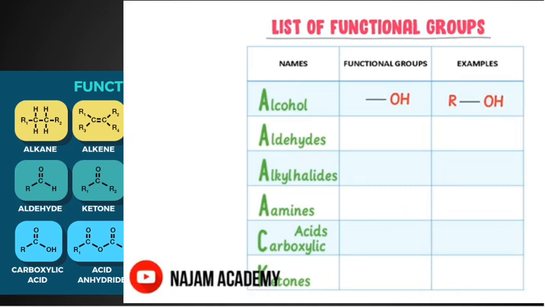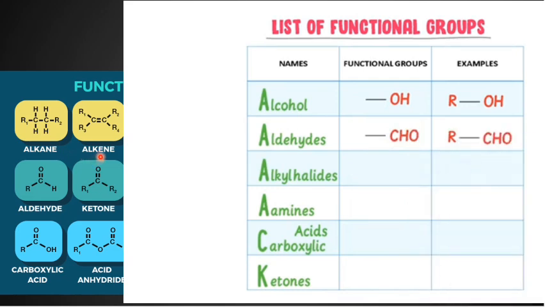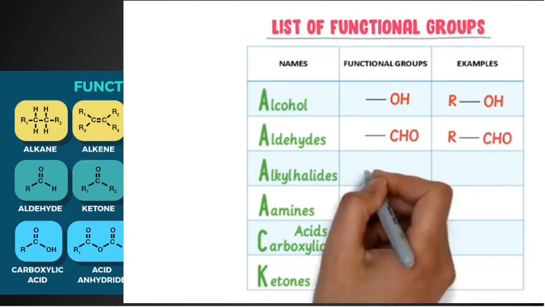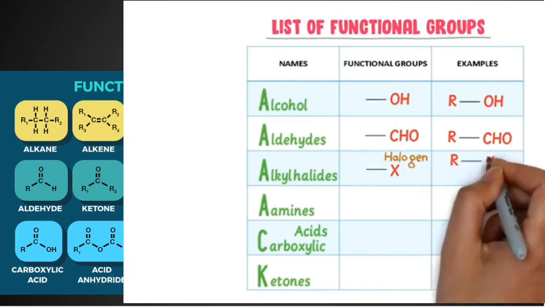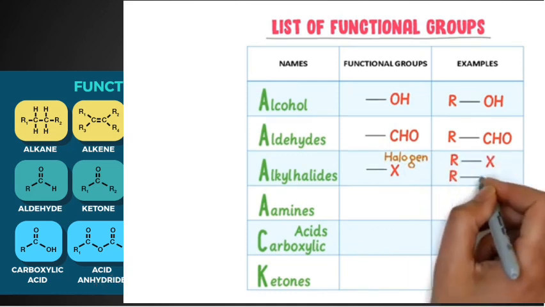We have the ether, which has O with two alkyl groups attached to it. We have the amine. We have the alkene with a double bond, the alkyne with a triple bond. Then we have the carboxylic acid, COOH.